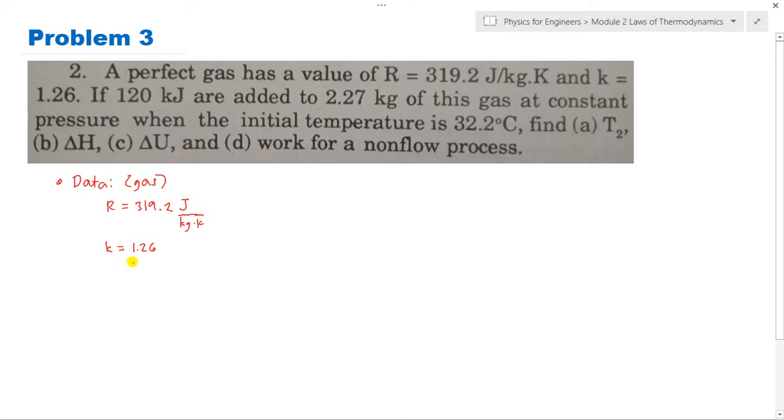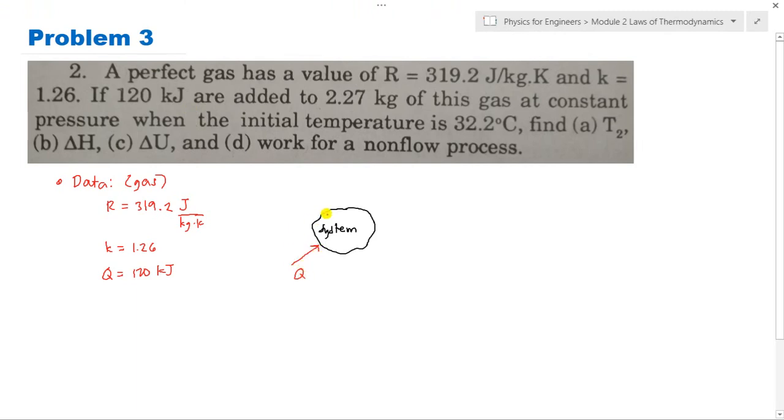And then what else? If 120 kilojoules were added, so meaning we have Q, that is the heat, equivalent to 120 kilojoules. And we're going to draw also the system para visualize na to. So if this is our system, even though if Q is added, therefore we add the Q in our system.